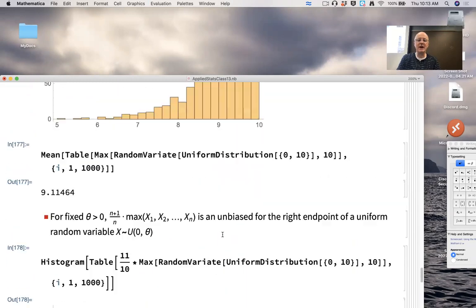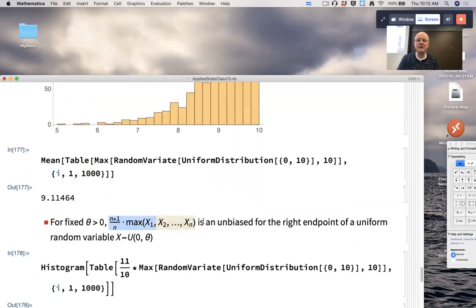So by multiplying the maximum by n plus 1 over n, which in this example, when n is 10, is multiplying it by 11/10, 1.1, it's enough to make this an unbiased estimator. It's unbiased. So just because an estimator is biased doesn't mean you can't adjust it by multiplying by some constant to make it unbiased.